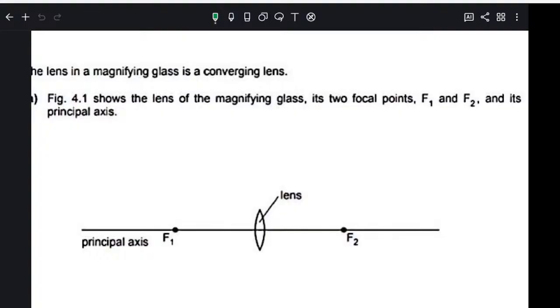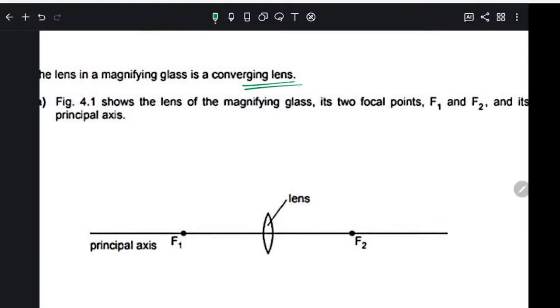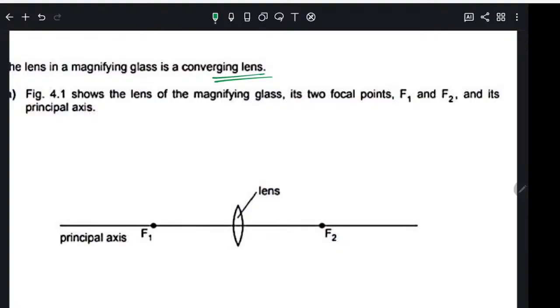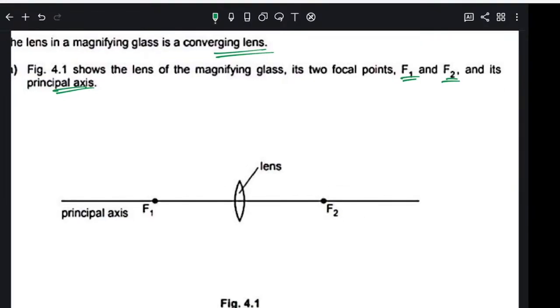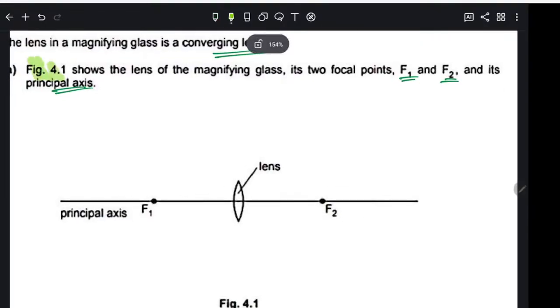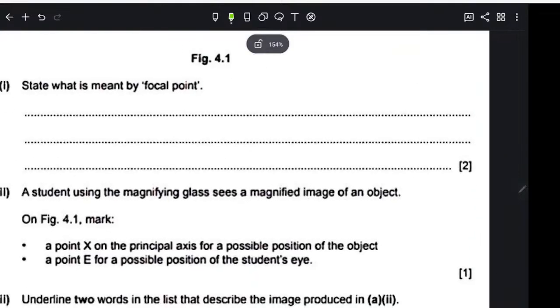Right. Show the lens. The lens of a magnifying glass is a converging lens. Show the lens of the magnifying glass, its two focal points, f1 and f2, and its principal axis. These things are shown on figure 4.1. Now, state what is meant by focal point. We talked about it.